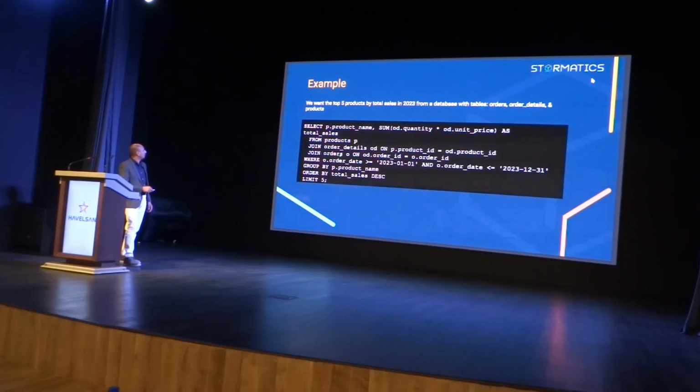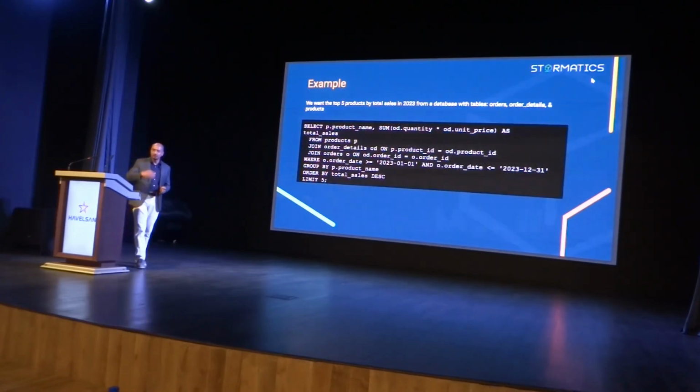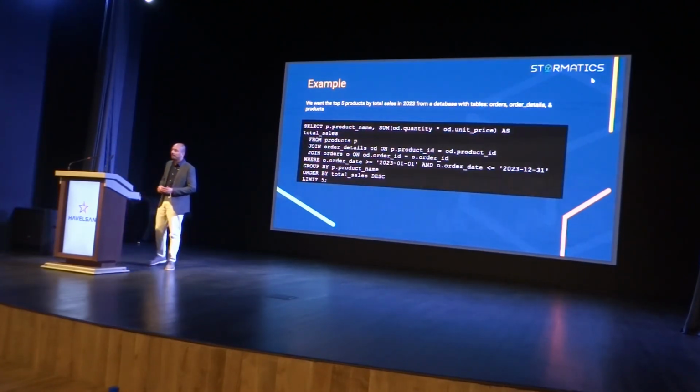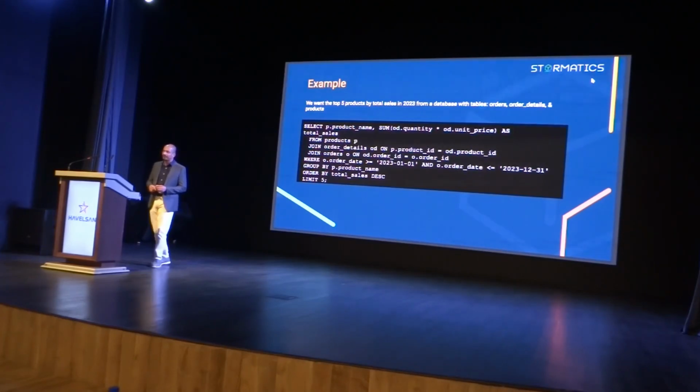It is joining order ID in order details with the order ID in the orders table. And then it is joining the product ID in order details with the product ID in products. And it's grouping by product name, ordering by total sales descending, and limit 5, which will give you the top 5 products by sales in the year 2023.